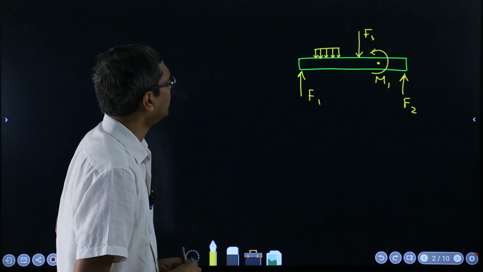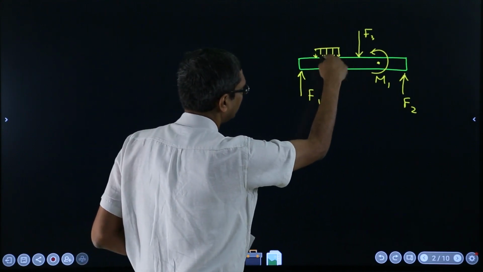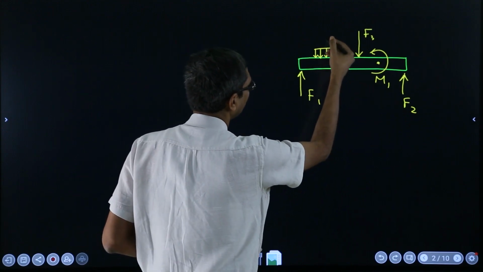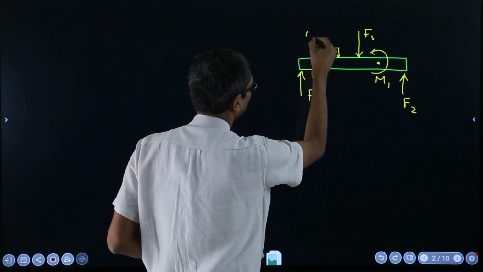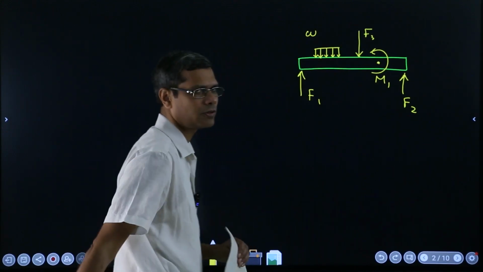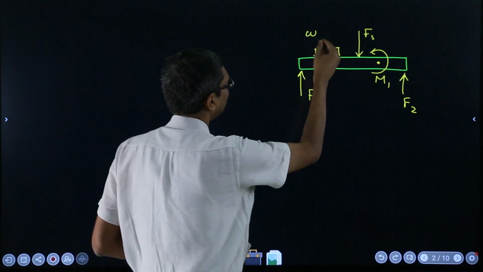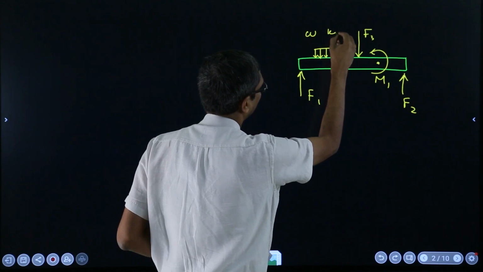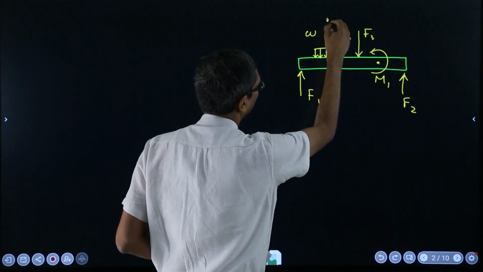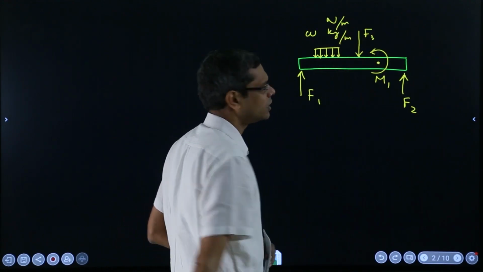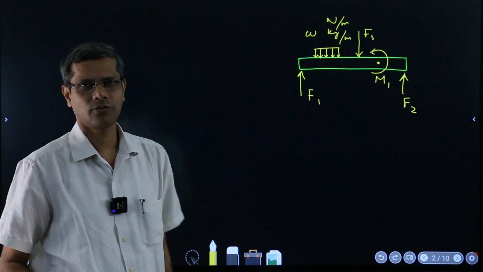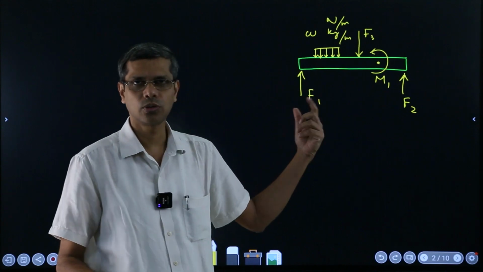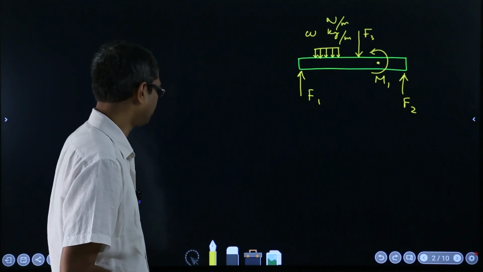Whenever these kinds of drawings are shown, they mean continuous loadings, and you always express them as density of the force, that is linear density, in either kg per meter or Newton per meter. So in the linear density form it will be expressed, and then you will have to evaluate the actual load that comes onto the beam.